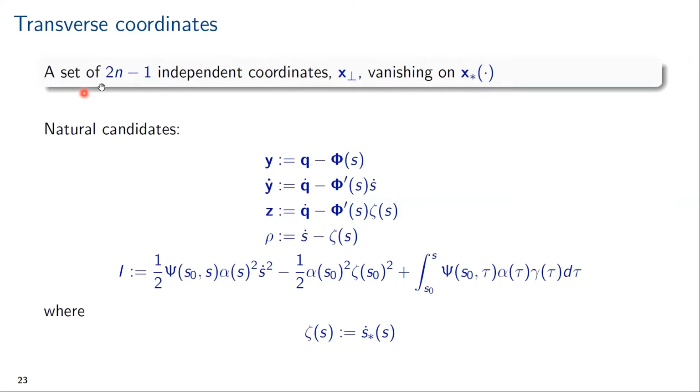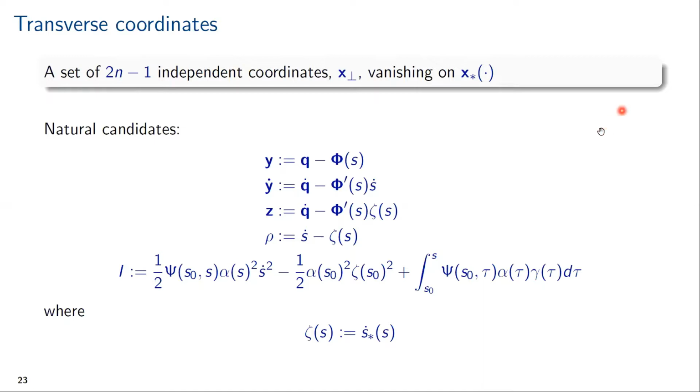The reason there are 2n minus 1 is the same as we saw on this figure 2 slides ago: they have to be defined transverse to the flow of the orbit. Hence we are only concerned with stabilizing the transverse direction in order to ensure contraction to the orbit, so we do not have to consider the direction which is aligned with the flow of the nominal trajectory.